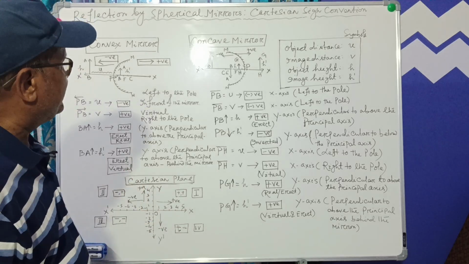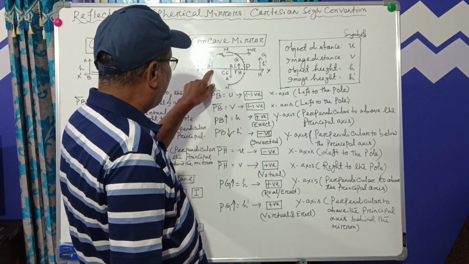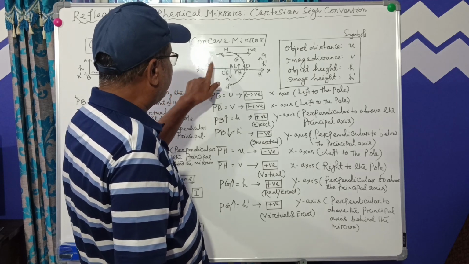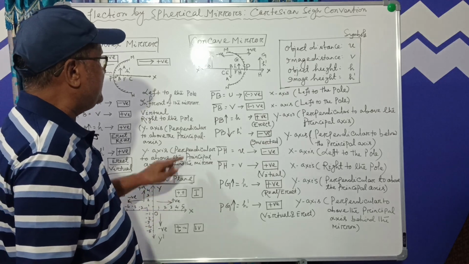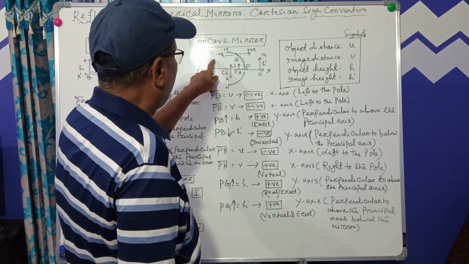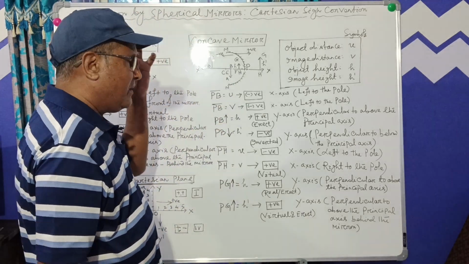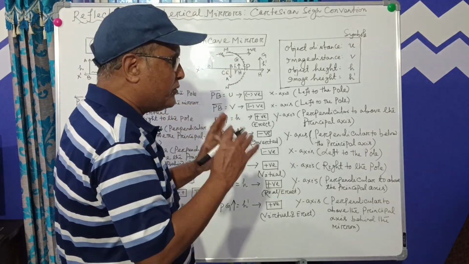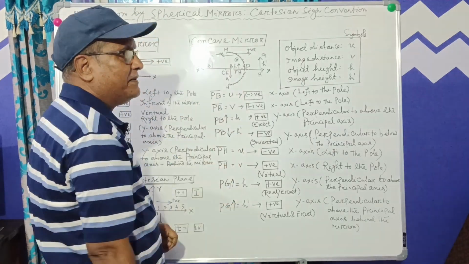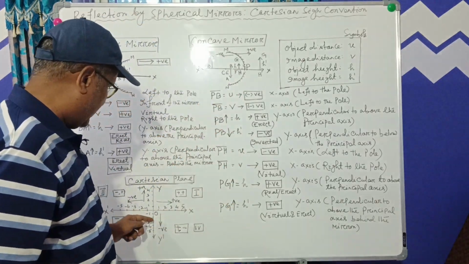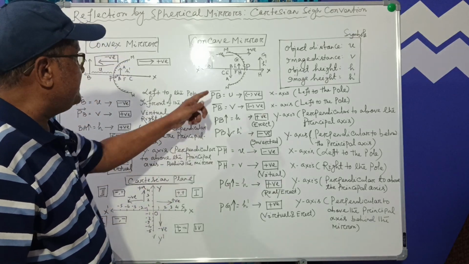This is very important. Another thing: from the principal axis, upward and erect, along the y-axis, it is positive. And downward, perpendicular to the principal axis, along OY dash, it is negative.